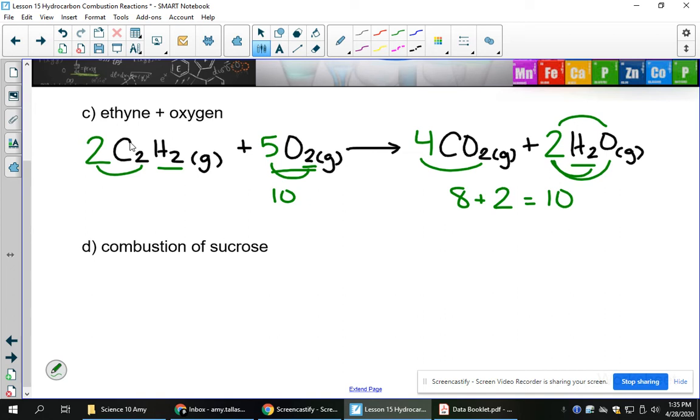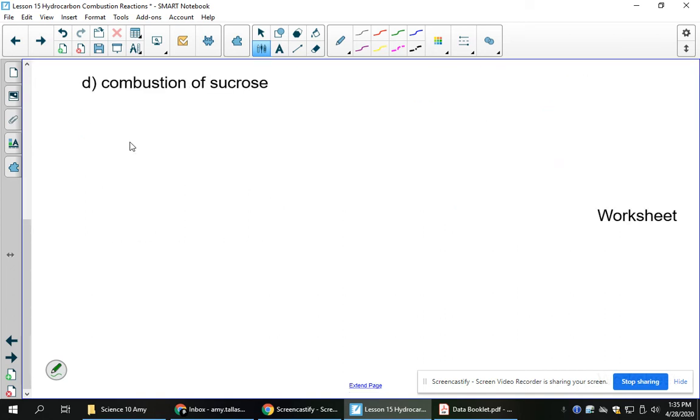Combustion of sucrose is next. If you pause the video and look on page 5, you should be able to find sucrose and write it down. Sucrose is C12H22O11 solid.